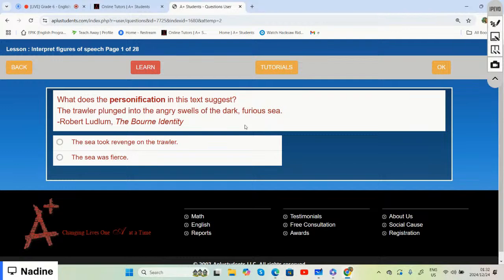Is it option one, the sea took revenge on the trawler? If we were to find the personification within that sentence, then we can say it's option one.